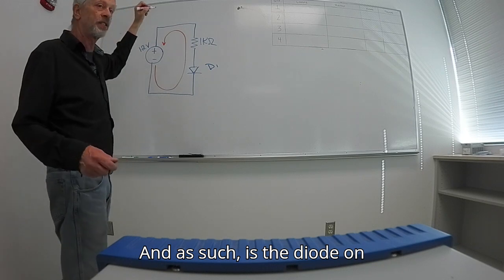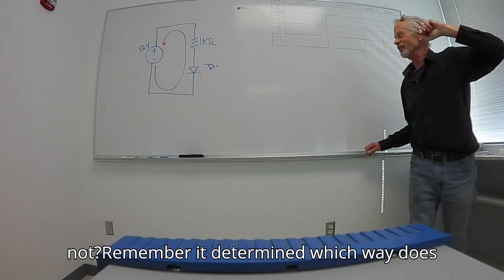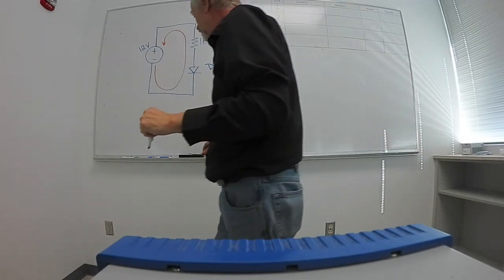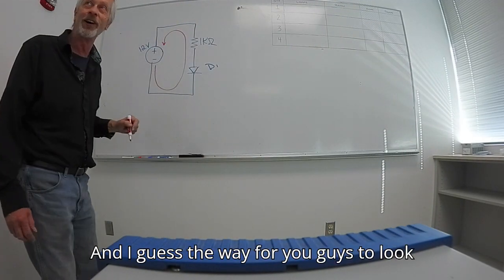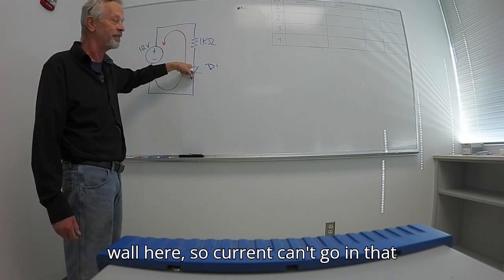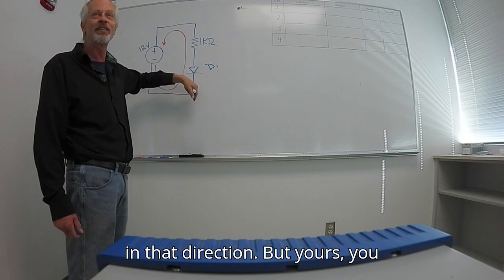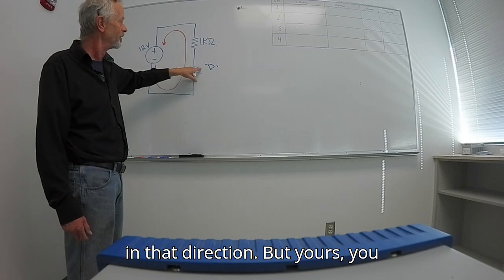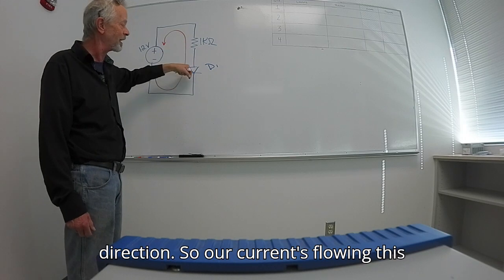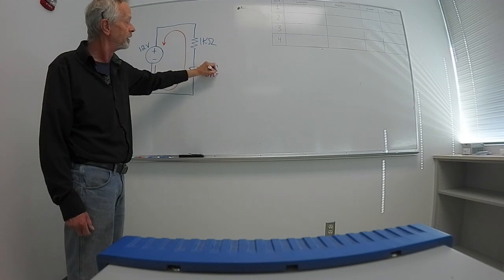And as such, is the diode on or is it off? Is it conducting or is it not? Remember, it determines which way it lets current go. The way for you guys to look at it is you've got an arrow and a brick wall here, so current can't go in that direction. I teach my other class that the arrow means current does flow in that direction. But yours, you look at it as an arrow going up against a wall, current cannot flow in that direction. So our current's flowing this way, so the diode is on.